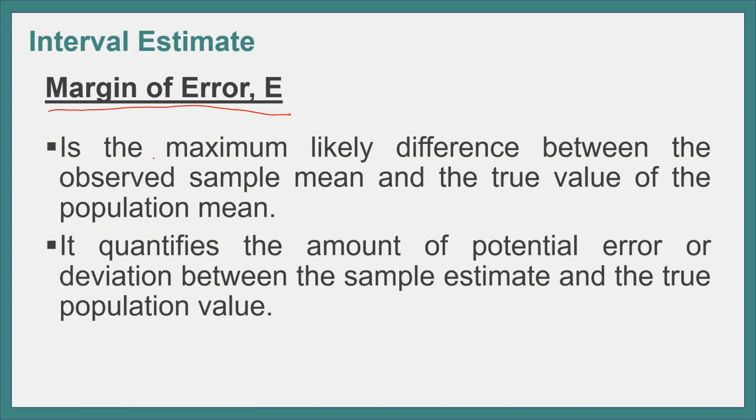Margin of error is defined as the maximum likely difference between the observed sample mean and the true value of the population mean. So it quantifies the amount of potential error or deviation between the sample estimate and the true population value.